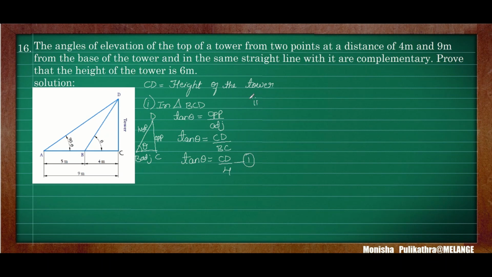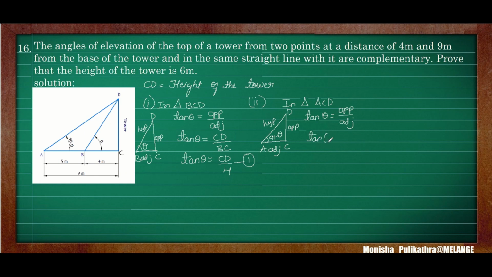So next I will be taking the second triangle, that is triangle ACD. So here the angle is 90 minus theta, that is a complementary angle. So again I will be taking tan is equal to opposite by adjacent, whereas here the angle is complementary, so it is 90 minus theta.